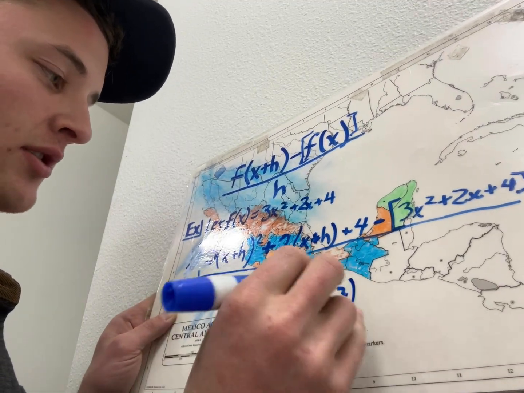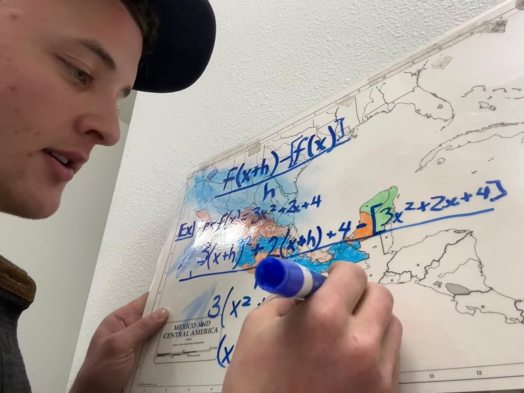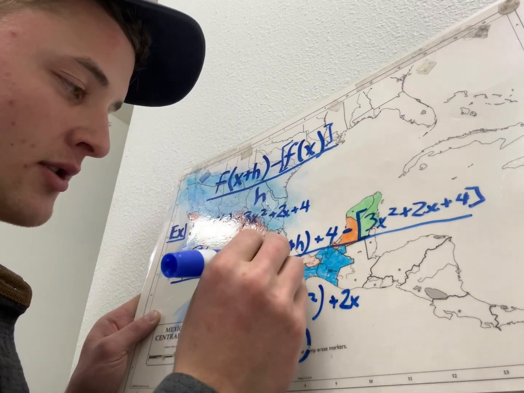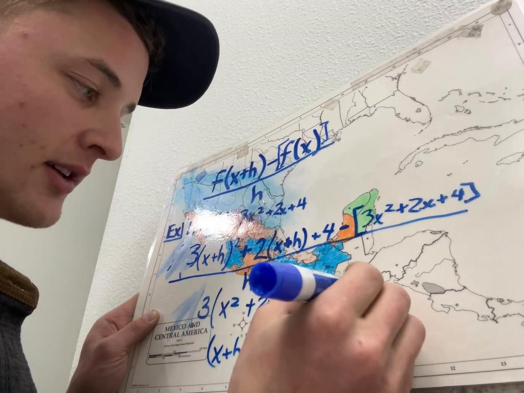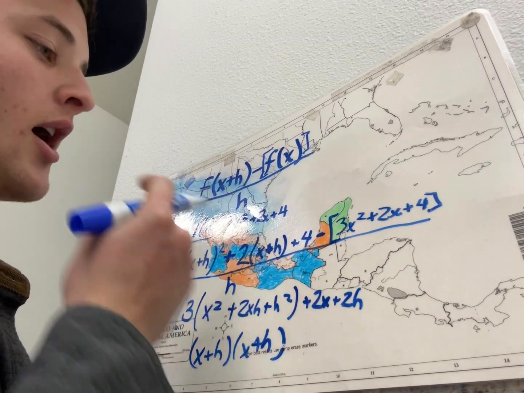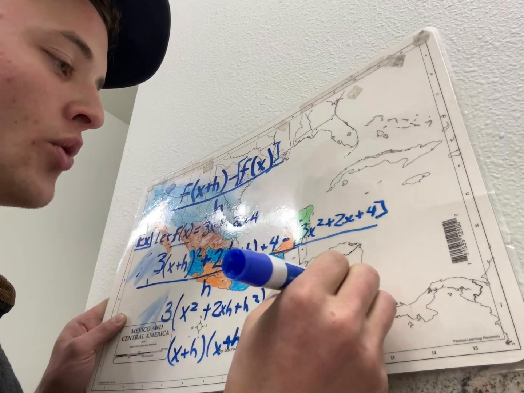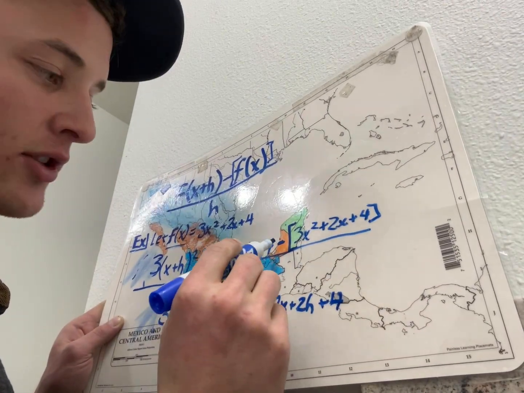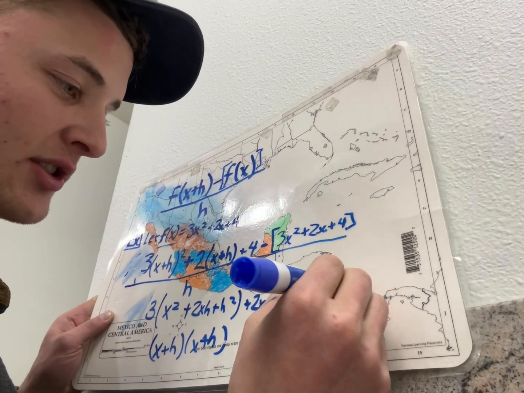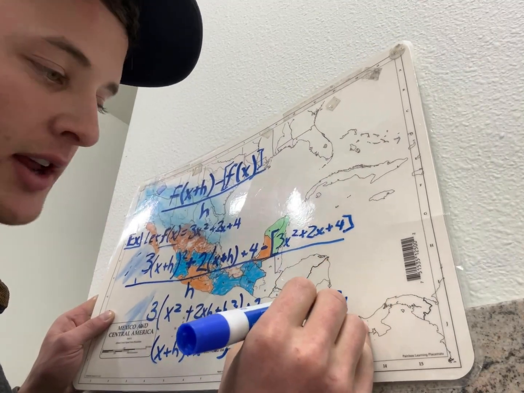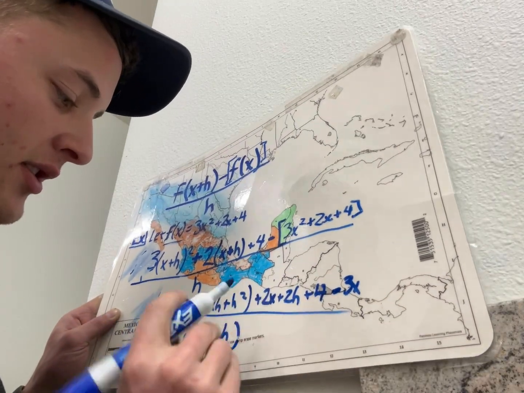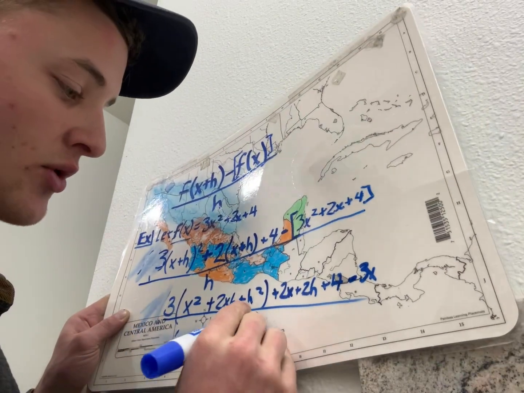Now we can distribute this, but before we do that, let's continue with the good work we're doing. 2x, we're gonna distribute this, right? 2x plus 2h and plus 4. And we're gonna go ahead and distribute this negative right here before we forget about it. So we're gonna change all the signs. 3x becomes negative 3x. All this is gonna be over h, of course.